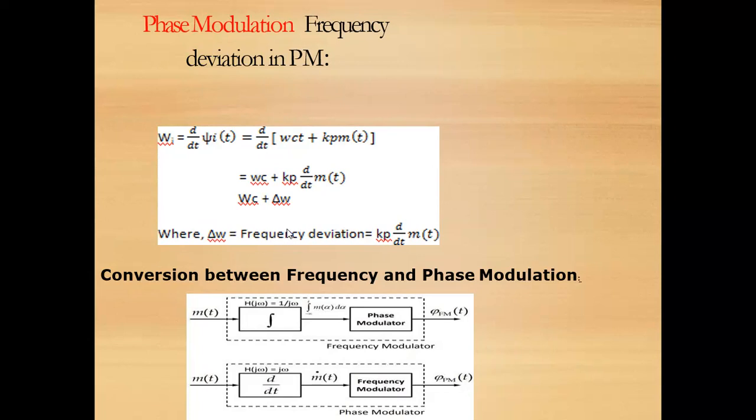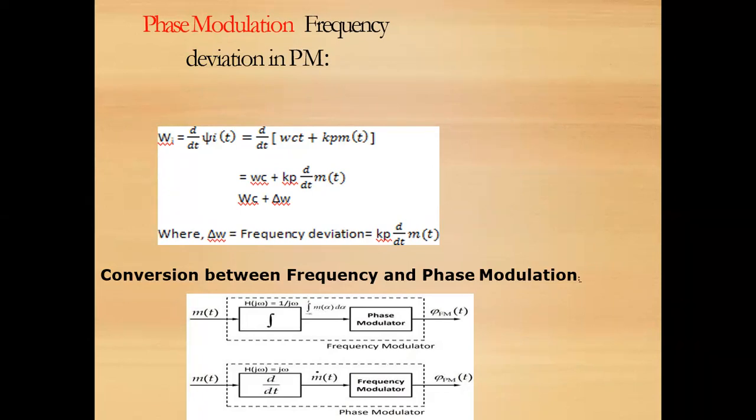We all know that there is a relation between frequency modulation and phase modulation: we can achieve FM from PM and vice versa, PM from FM, by using a simple integrator and a differentiator. So how can we achieve frequency modulation by using our phase modulator?